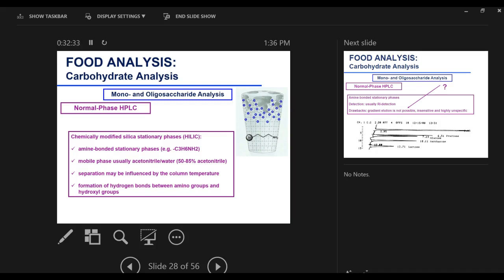Seems like glucose would, I like your answer. But glucose is one unit, and with the sucrose you have fructose as well, so it has more hydroxyl groups. You have the hydroxyl groups of glucose and the hydroxyl groups of fructose. So which will elute first?